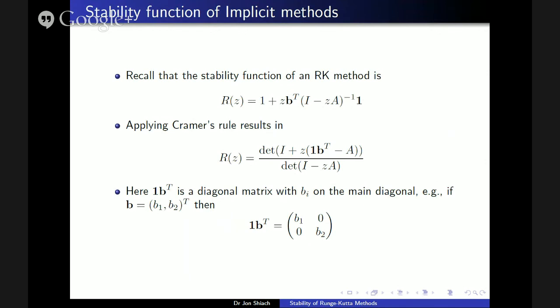If it was written out properly, this would be a lot more untidy than it is. So what we'd say is this 1 times B transpose is this matrix here. It's a fudge. It just makes it nicer. It's mathematically correct, but it's still a fudge.